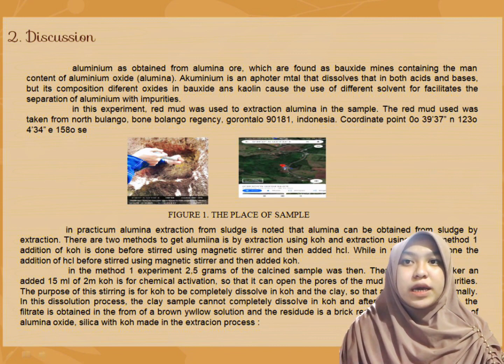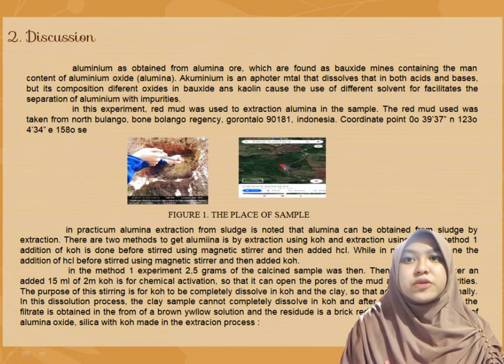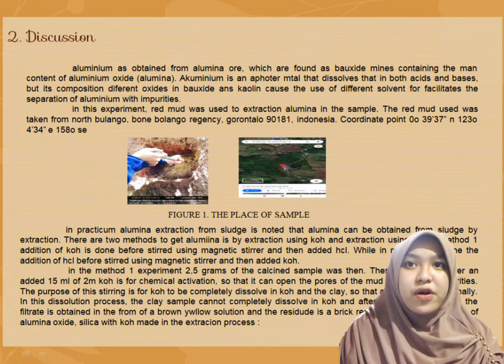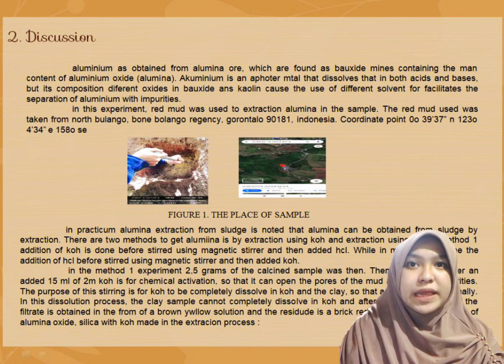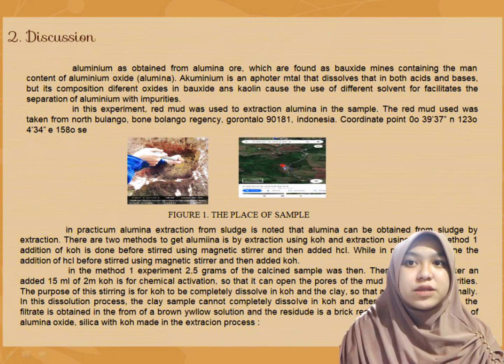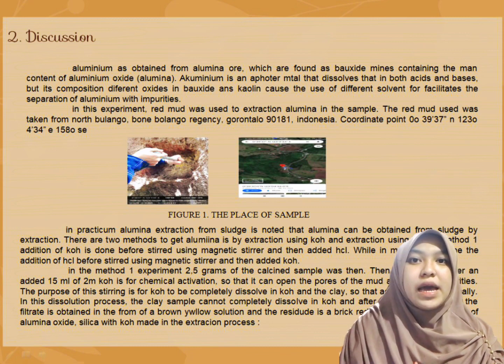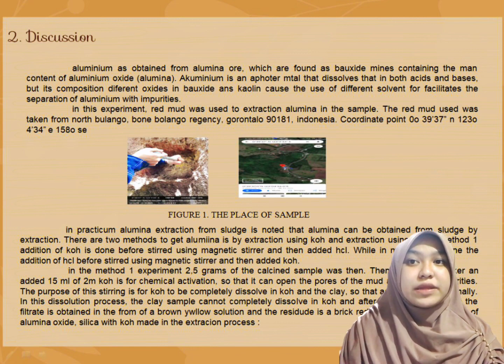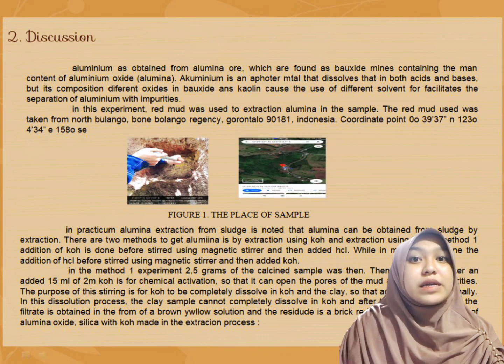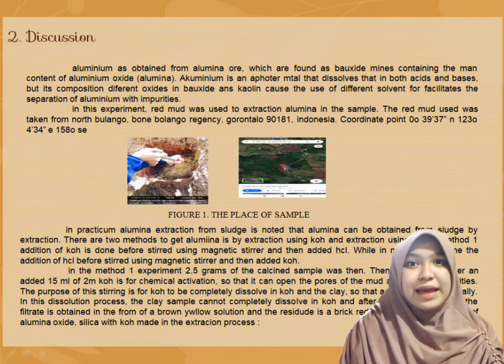The purpose of this stirring is for KOH to be completely dissolved in the clay, so that activation runs optimally. In this dissolution process, the clay sample cannot completely dissolve in KOH, and after the filter process, the filtrate obtained is a brown-yellow solution, and the residue is a brick red precipitate.